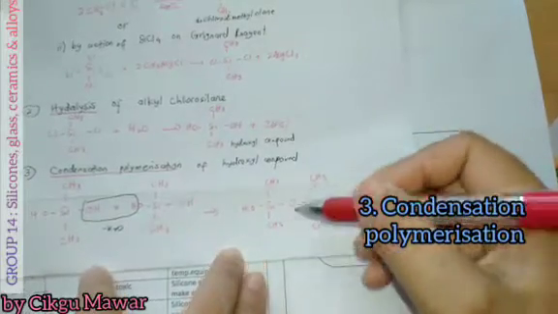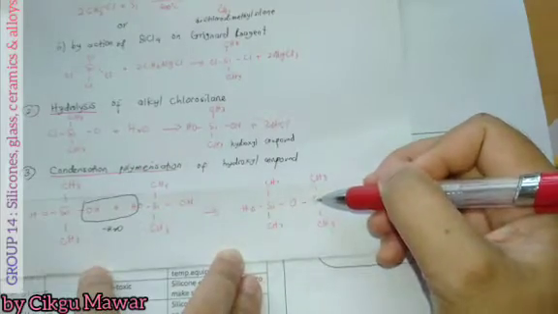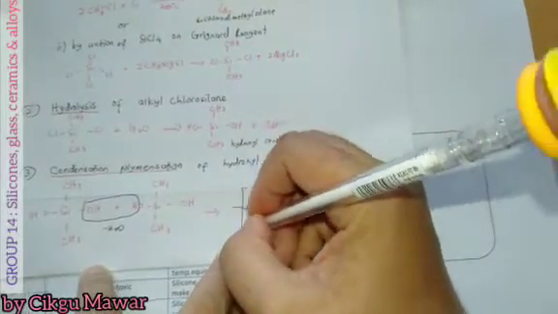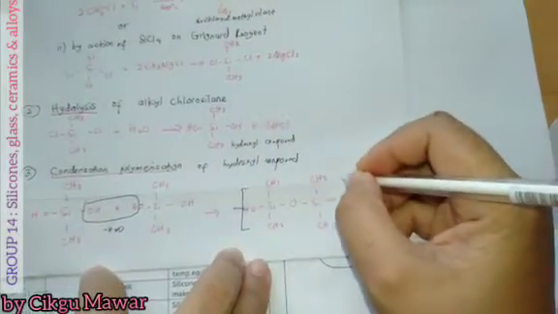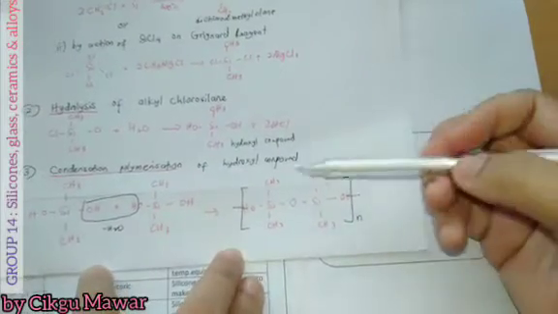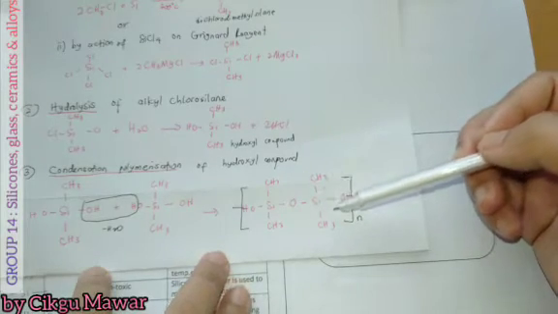So this is the SiO-Si bond. Or we can write it in terms of polymer. So this is the polymer structure of silicones.